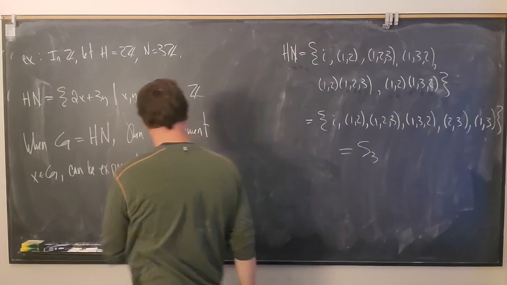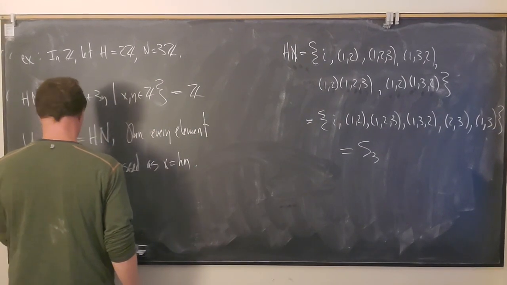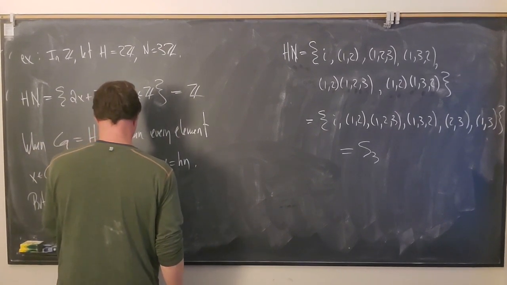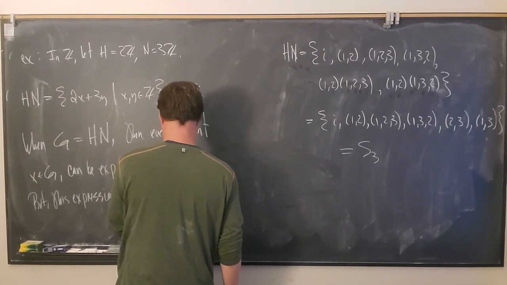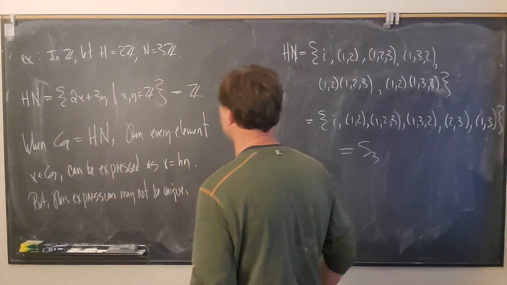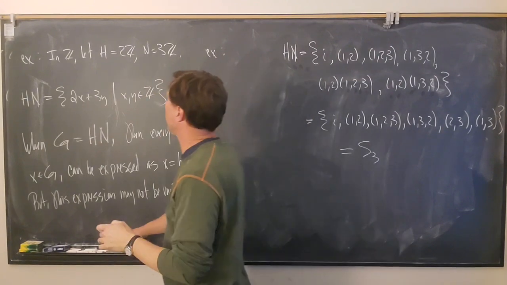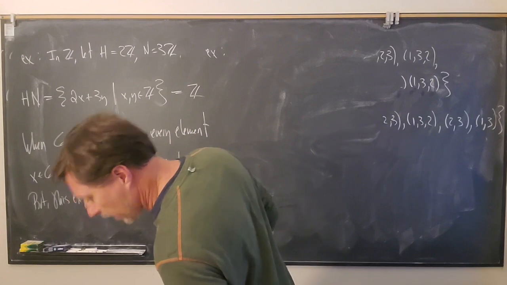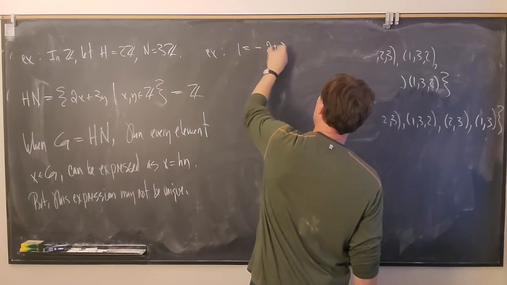So for example, in our last example right here, 1 can be written as -2 plus 3.